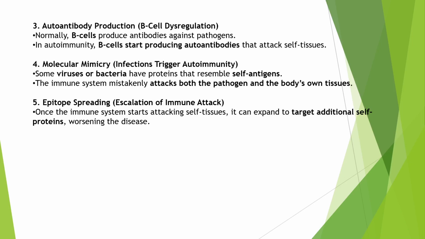Like I said, from cells it will spread to tissues, then to organ level, and then multi-organ attack can also occur. That is the spreading of the epitopic region that has been identified.